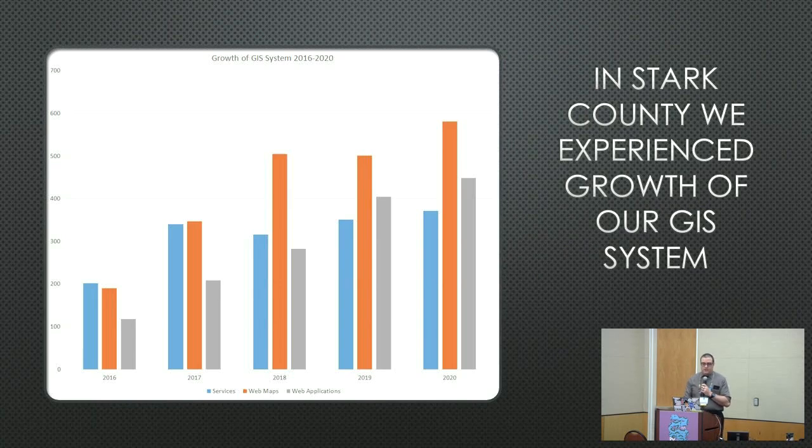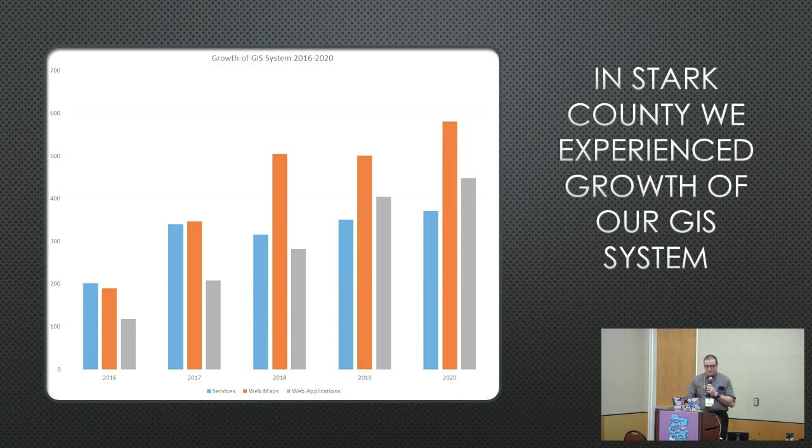In Stark County, we experienced a period of growth in our GIS system, as you can see from the chart here. From 2016 to 2017, we grew massively in the services, web maps, and applications that we developed to serve our constituents. Because of this exponential growth, it made our system hard to manage. It was difficult to understand the relationships between the different system components, and it became difficult to maintain.